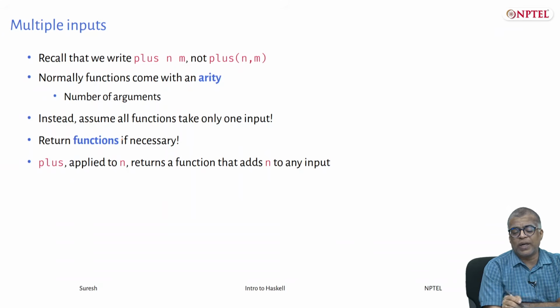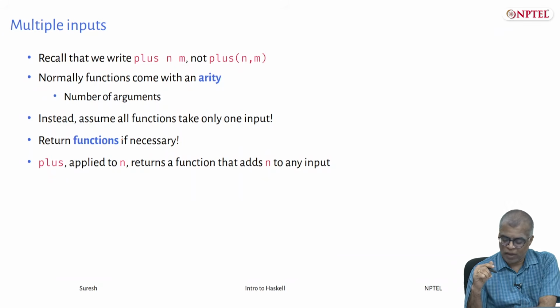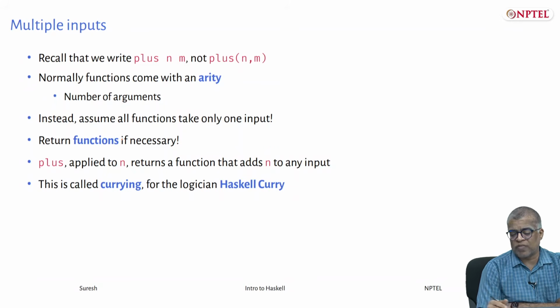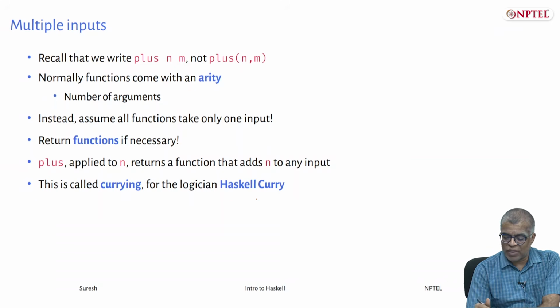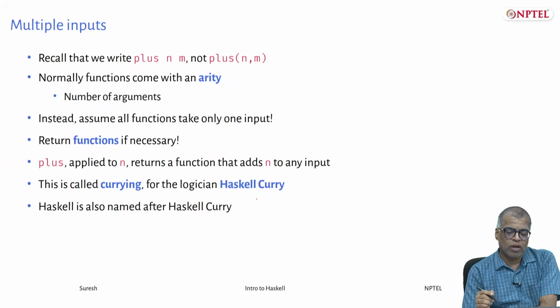So, plus applied to n returns a function that adds n to any input. This feature is called currying after the logician Haskell Curry. As you may notice, the language Haskell itself is named after Haskell Curry. Okay.